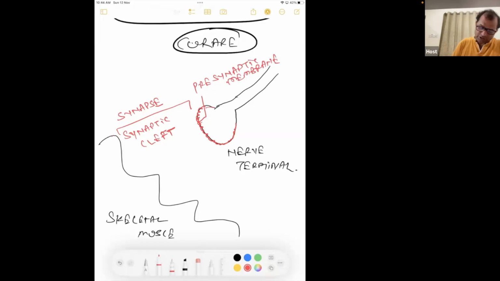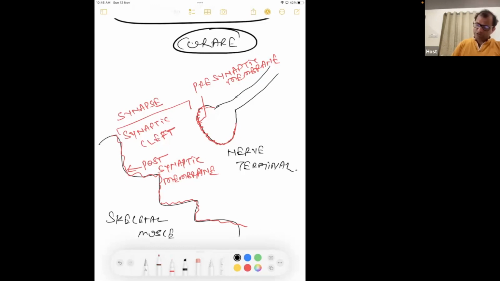And this is the muscle fiber, and the membrane of the muscle fiber is called the postsynaptic membrane. So the message is coming from the presynaptic membrane to the postsynaptic membrane.